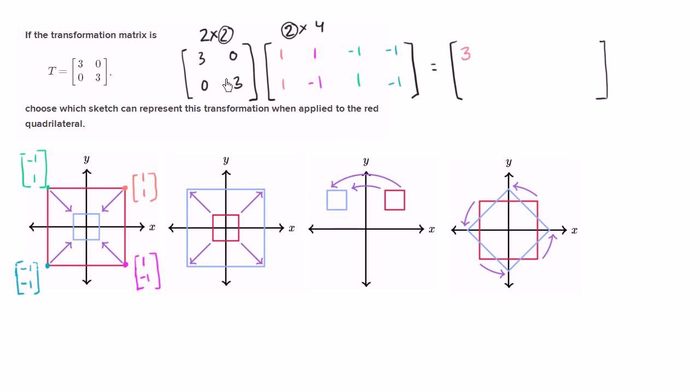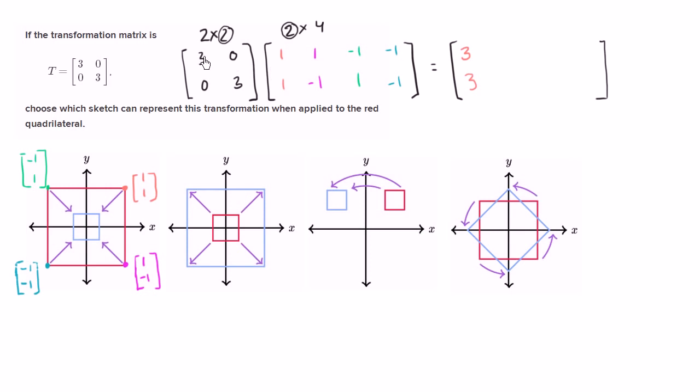And over here, 0 times 1 plus 3 times 1 is going to give us 3 as well. You see a pattern: to get the x coordinate for each of these vectors, we involve this row, and we really just multiply 3 times the x coordinate. We don't involve the y coordinate because we're multiplying it times 0. We'll see that over and over again.